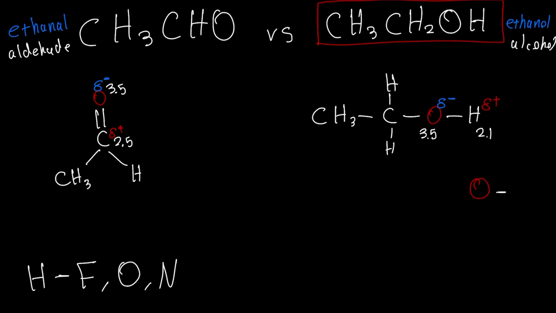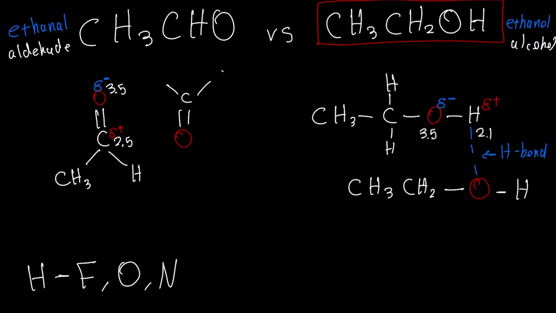So let's draw another ethanol. The interaction here, let's draw that better. This is called the hydrogen bond. That interaction is going to be a lot stronger than this interaction right here.